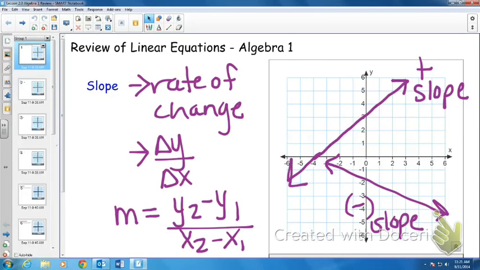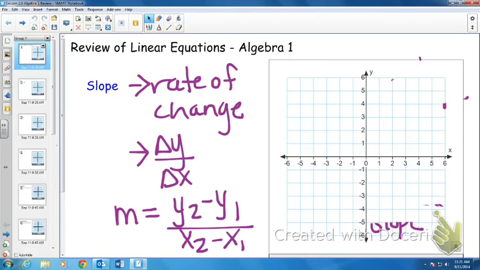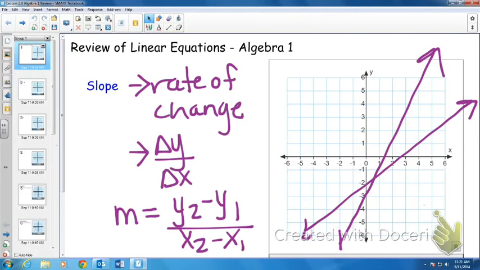So slope is just going to tell us rate of change, change in y over change in x, or it measures the steepness of a line. So the larger the slope, the steeper the line. So if we look at an example here, let's erase these real quick and let me show you an example. We could have two lines. So I could have this line right here, and I could have this line right here.